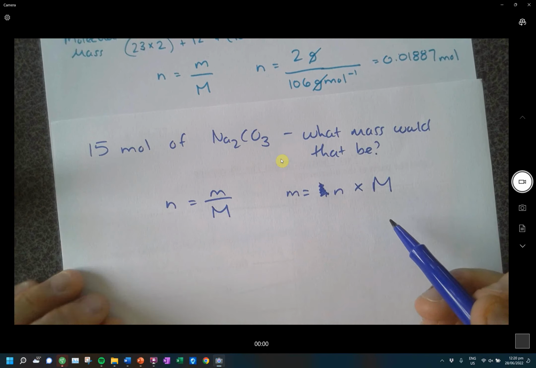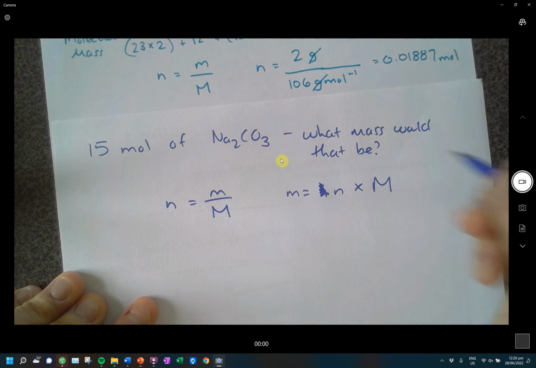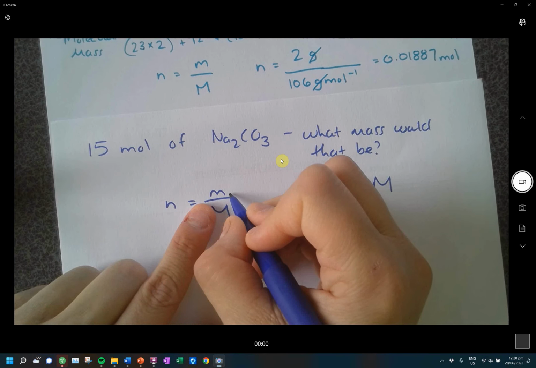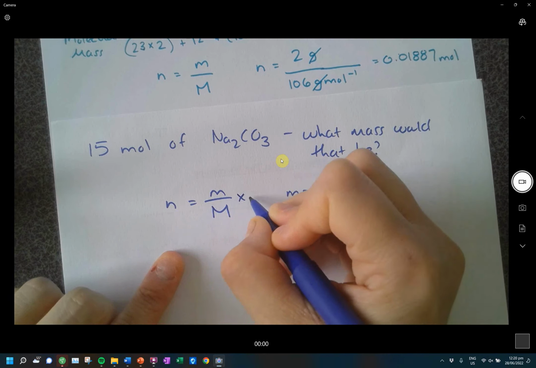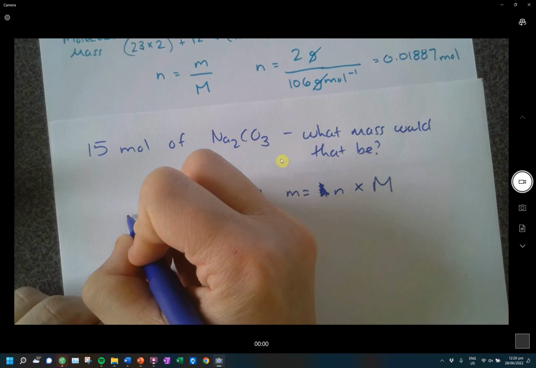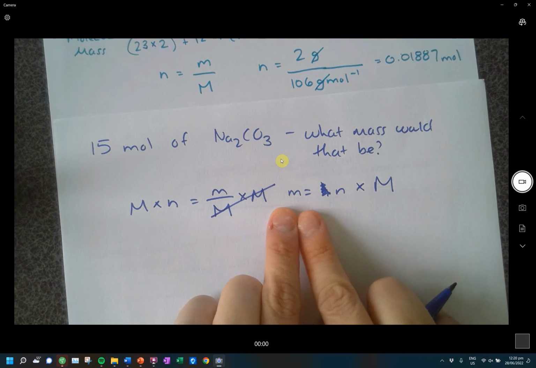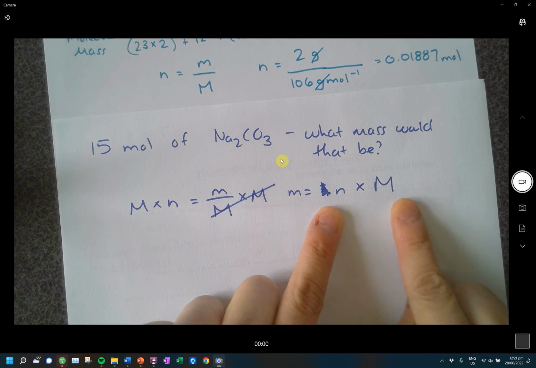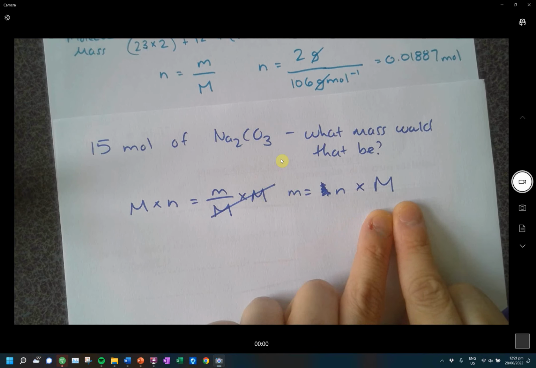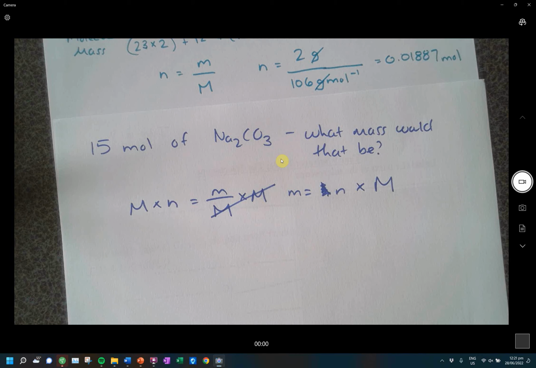Do you want me to show you how I did that? All right, so what I did was I want to get the little m by itself. So I multiplied both sides by the big M. The big M then cancels out. So now I have mass equals the moles times the molecular mass. That's how I move the equation around.